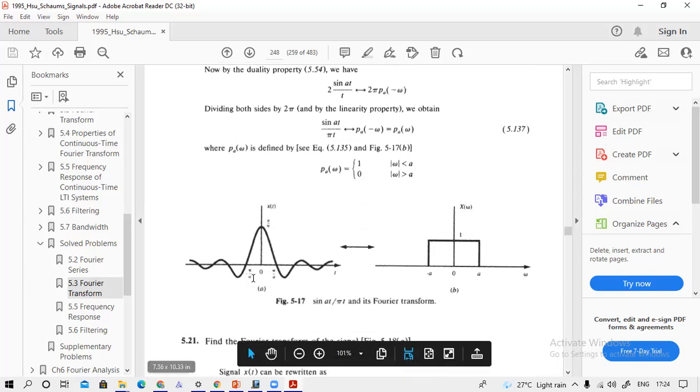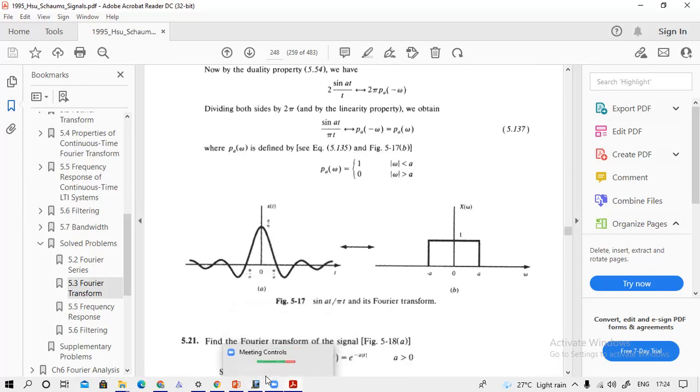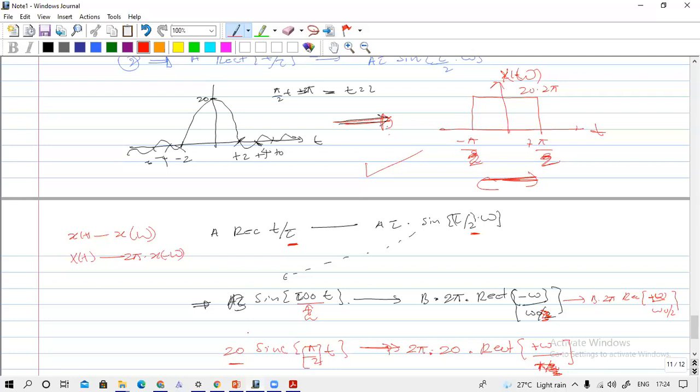So here you can see 5 by A, and you have minus A plus A. Here you can write this as minus 2 5 by 5 plus 2 5 by 5, then you will have minus 2 plus 2.